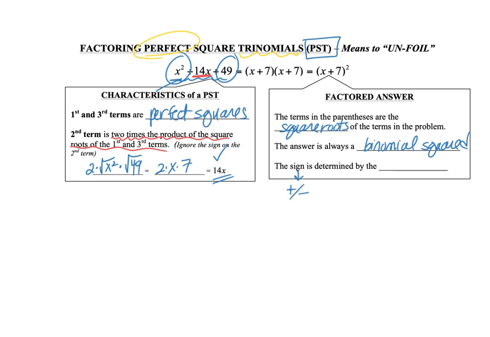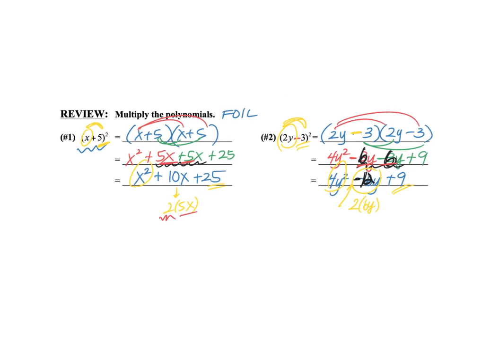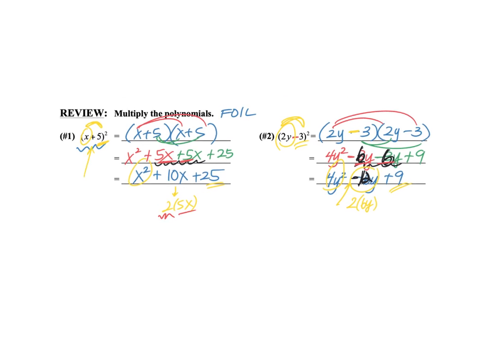And that sign is going to be determined by the first plus or minus sign. And I mean that to be way up here. Since that says plus, I will have a plus in my answer. When I did these problems back here, there was a plus there, there was a minus there, which changes the sign of my middle terms.